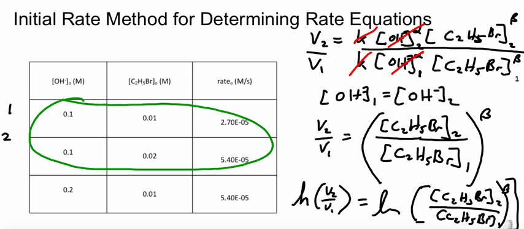Okay, so we've taken the log of both sides. There we go. So let's write this out a little more neatly and see how we can solve for that beta.